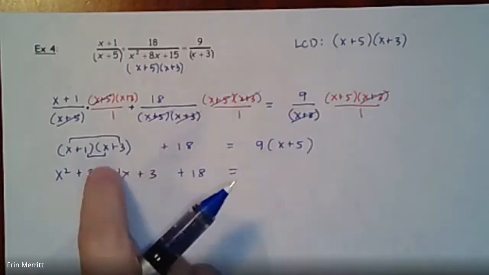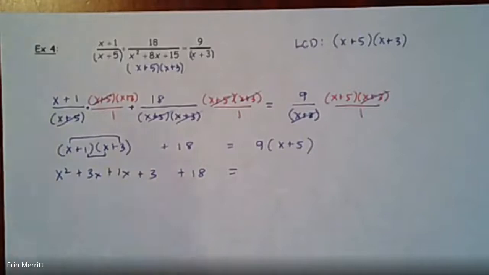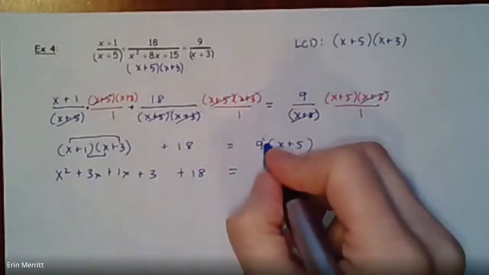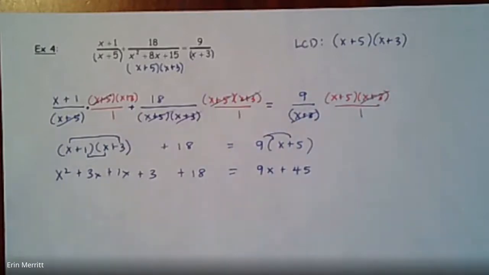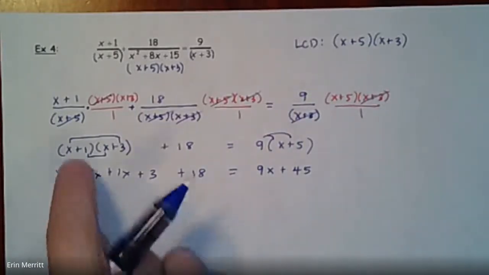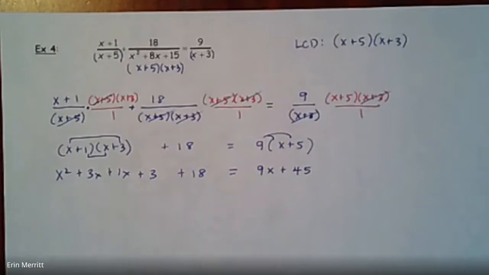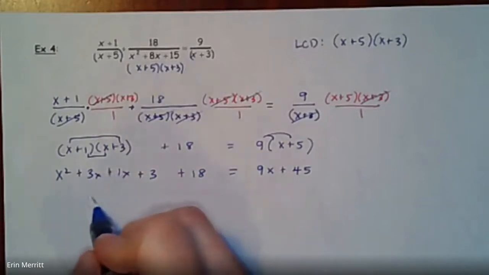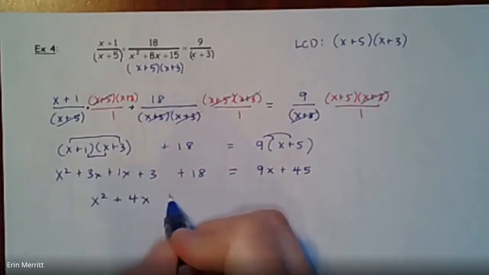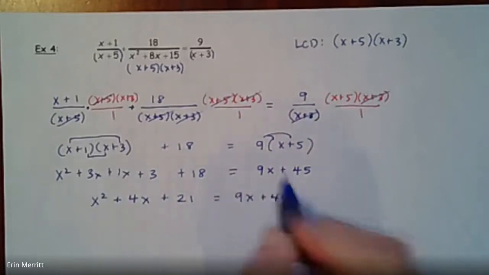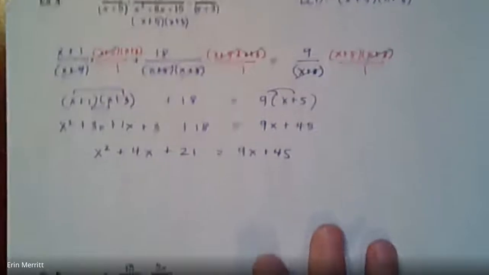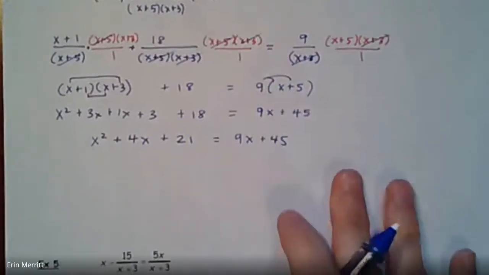If you really don't like the foiling, you can always hit pause, box multiply. Otherwise, try it. You guys are starting to get to the point where you should be able to kind of transition over to that faster method. All right, combining what we can, we got x squared plus 4x plus 21. And because it's still an x squared, we need to get everything equal to 0 so that we can factor this.